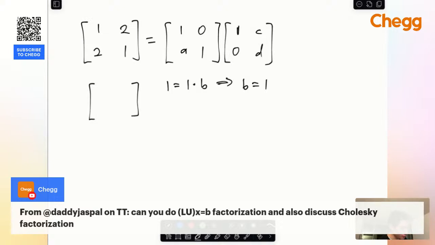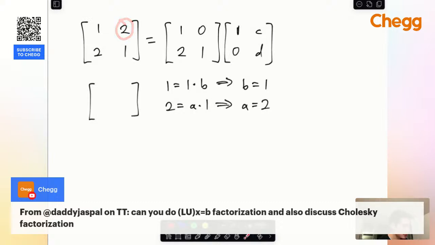And now, looking at this entry tells me that 2 is equal to A times 1, which implies that A has to equal 2. Now I can plug that in for A, and look at the next one.